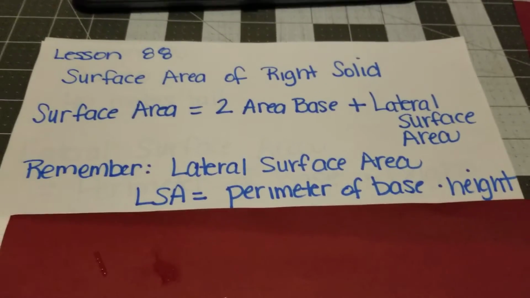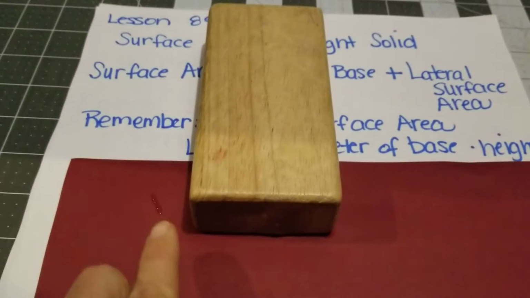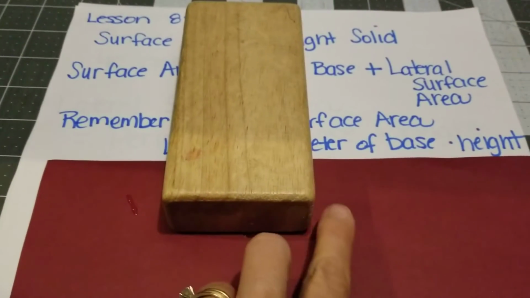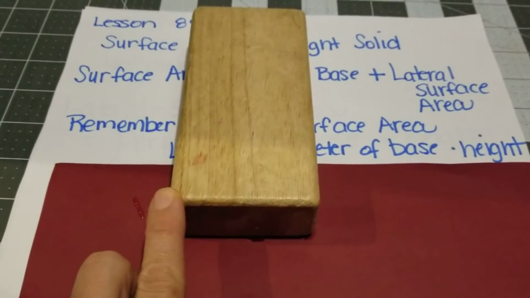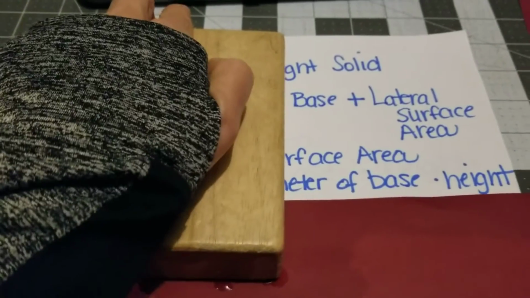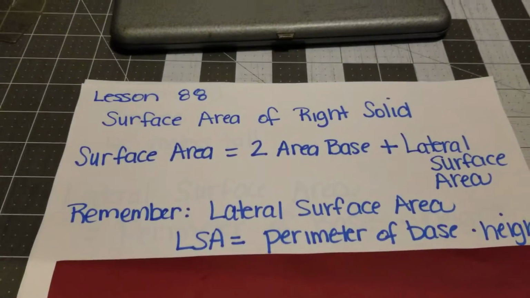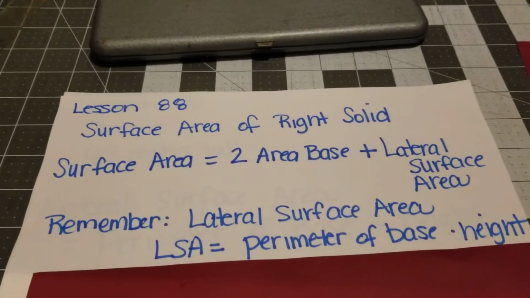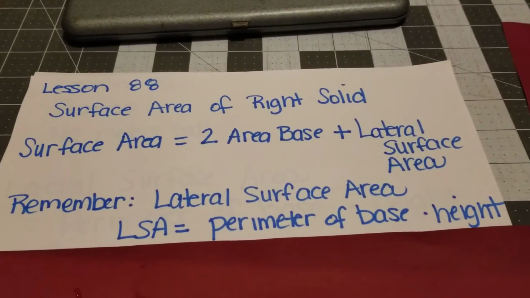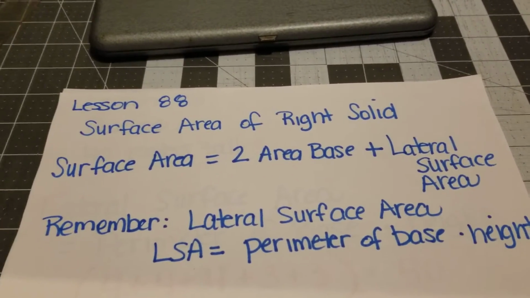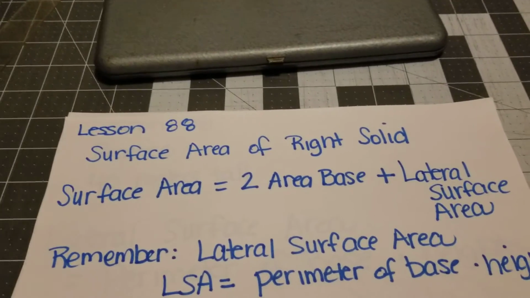Okay, so you're going to take your little base here, find the perimeter, and then we're going to multiply it times the height. A lot of these questions you have to read in your question because they'll give you the height within the context of the question. They won't have that in your picture. Okay, so that's kind of the first bit of information.